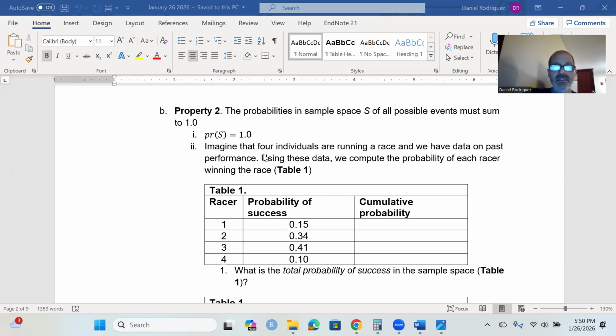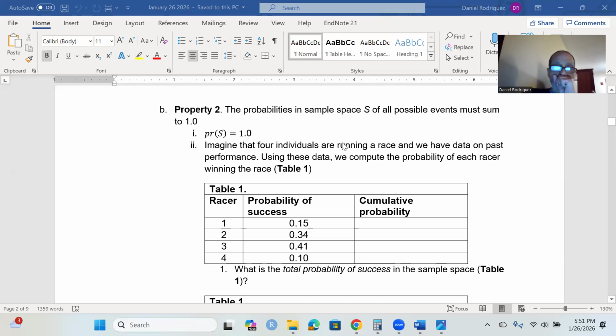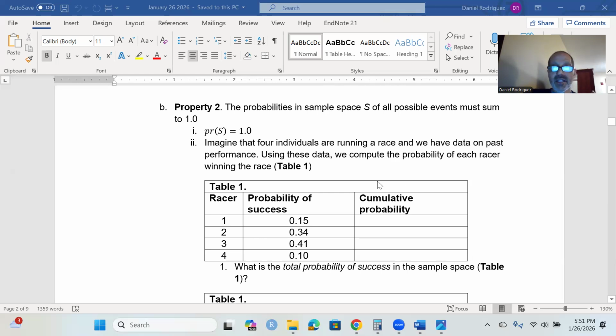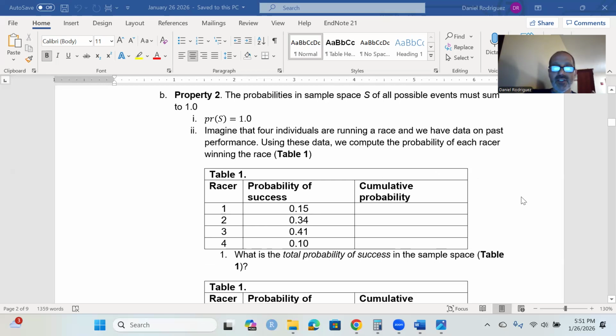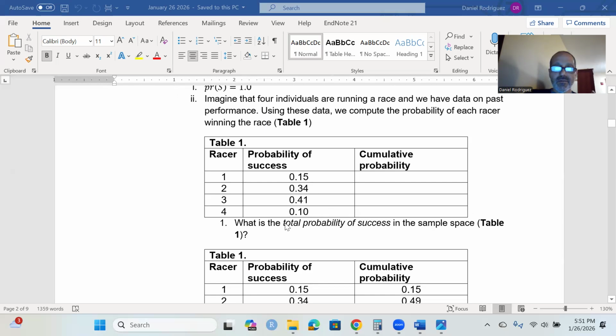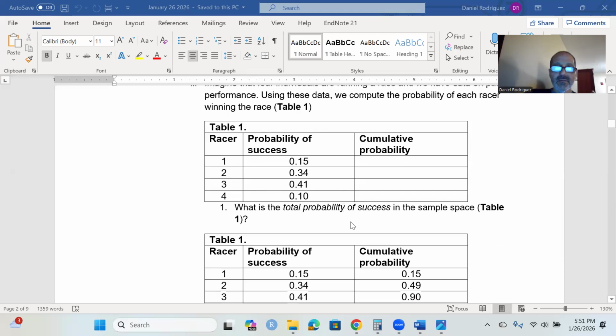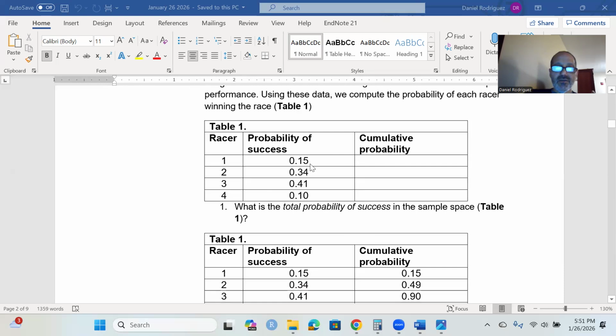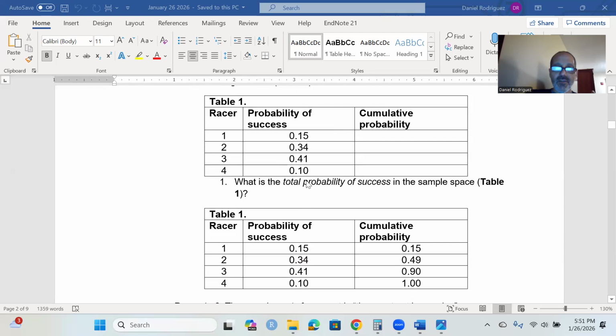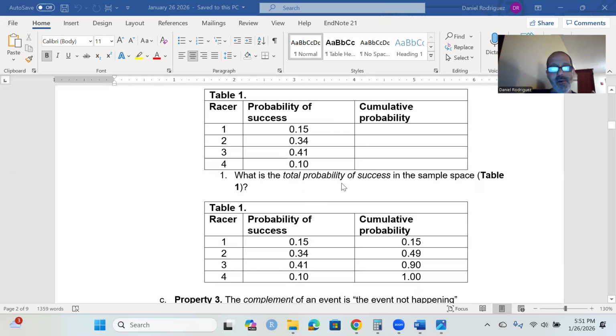So imagine that four individuals are running a race, and we have data on past performance. Using these data, we compute the probability of each racer winning the race, and we get the following results. Looks like racer 3 has the greatest probability of winning the race, followed by racer 2, 1, and then 4. Racer 4 would probably be me, right?